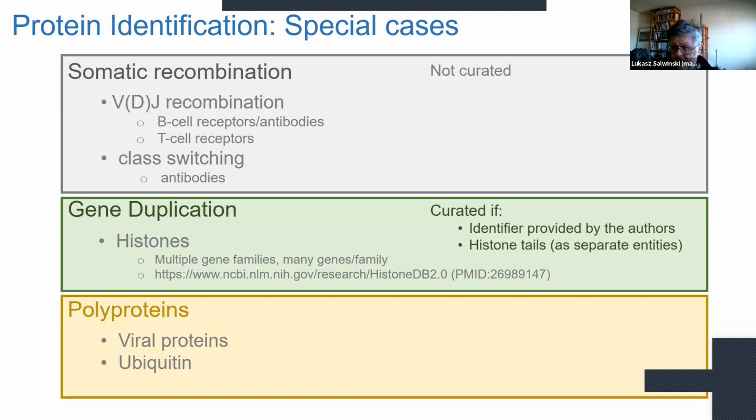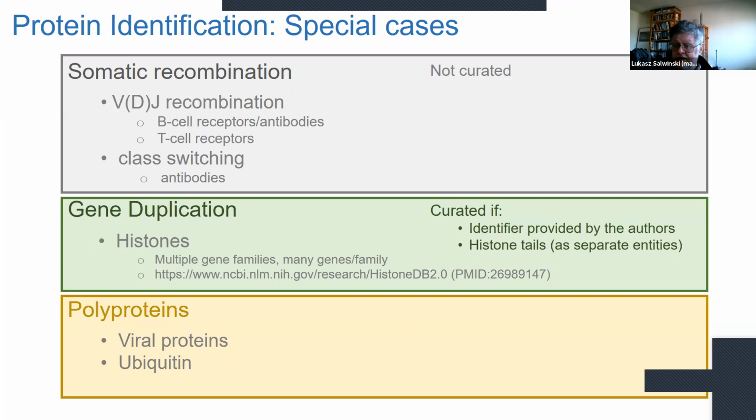And it also means that when you're interested in interactions between antibodies and antigens and things like that, then you have to look into more specific resources, and you might end up on your own.